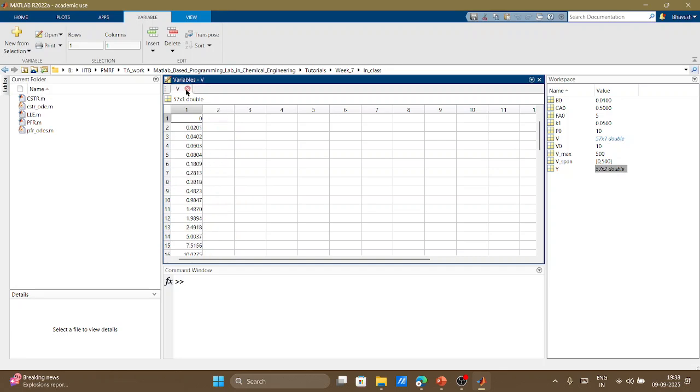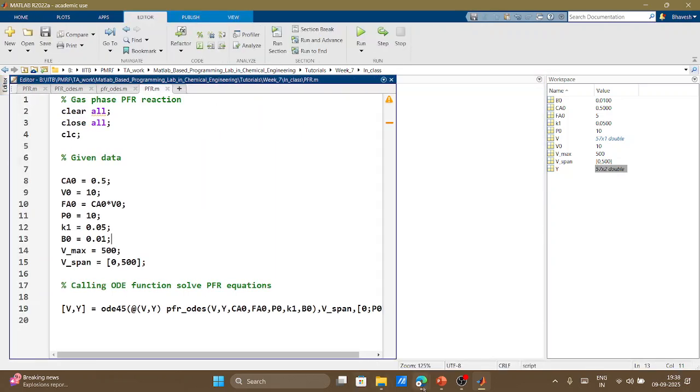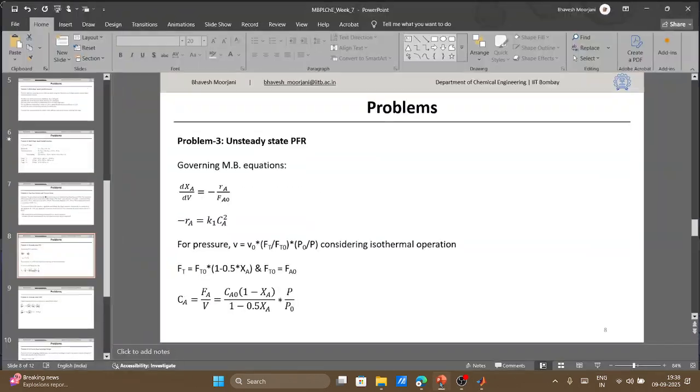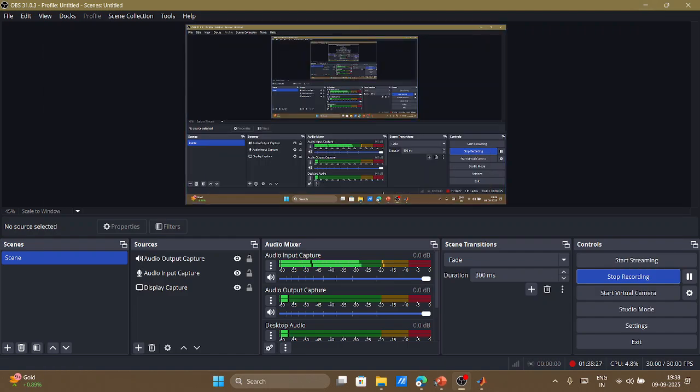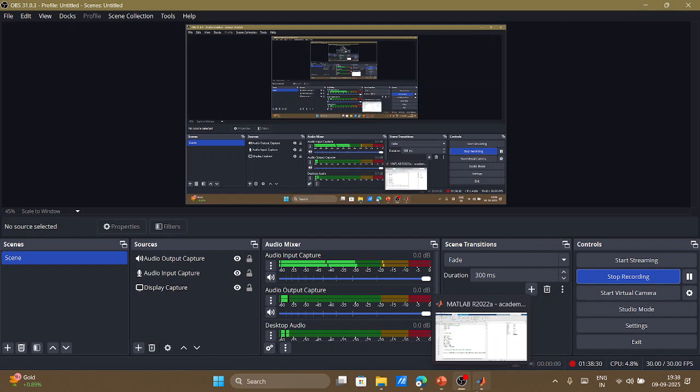Okay, so your first objective is complete, but then you have to present it nicely. So what has been asked is plot the conversion X and normalized pressure P by P0 versus reactor volume. So we will extract out this data.